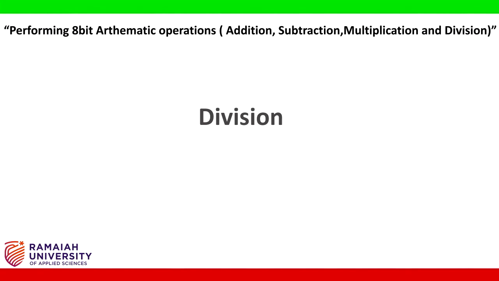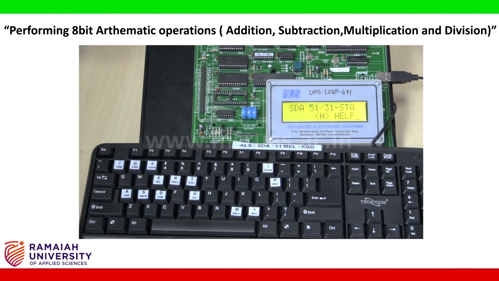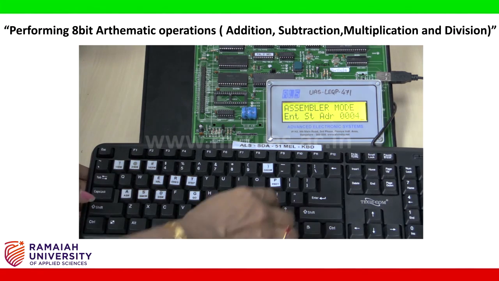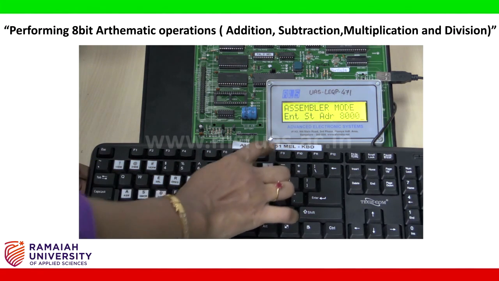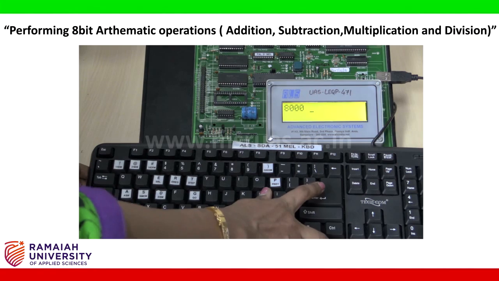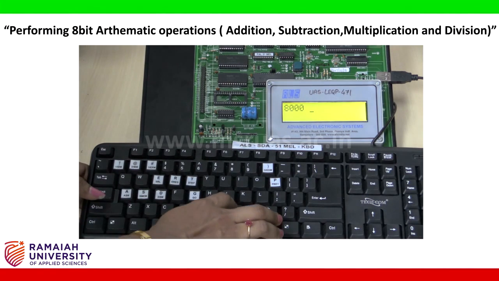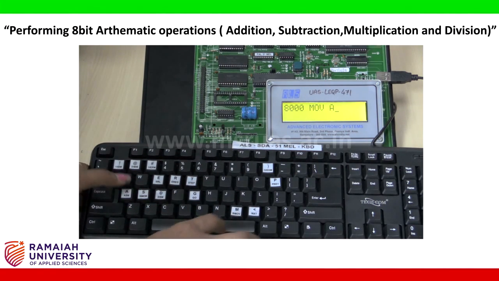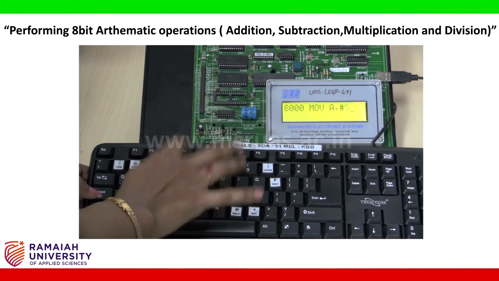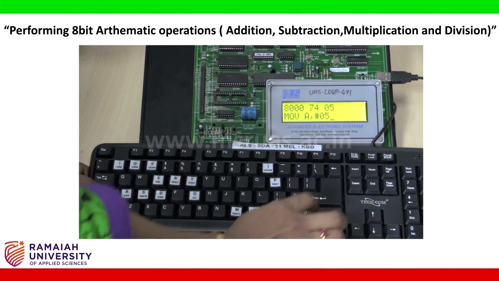Now let us start with the division of two 8-bit numbers. In division also, always the source and the destination should be register A and register B itself. To start with the program, press A, provide the address location from which you are starting, that is 8000, enter. Then start typing your program: MOV A, #5, enter.